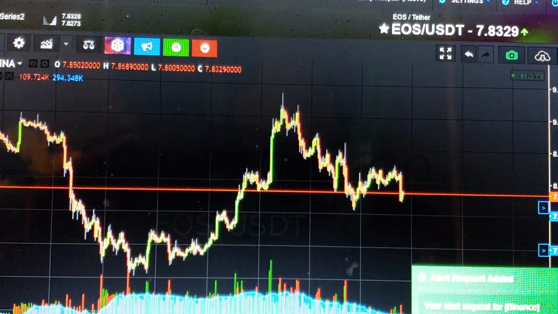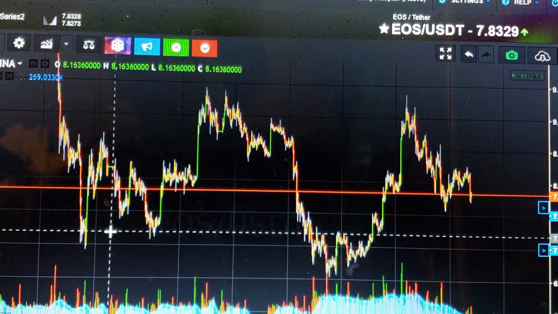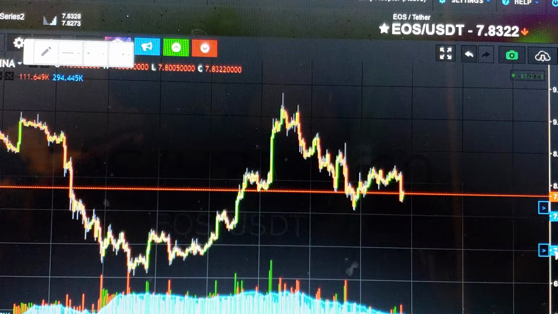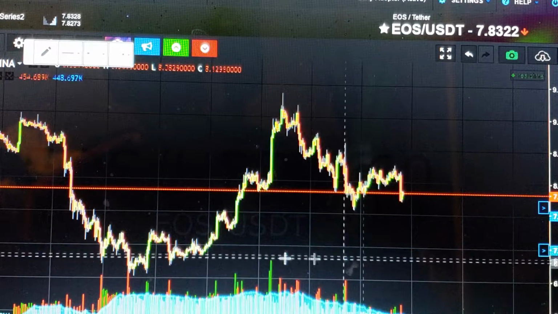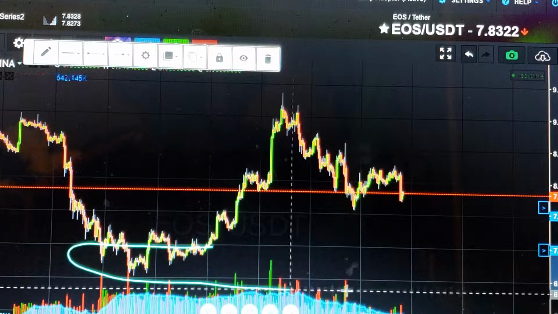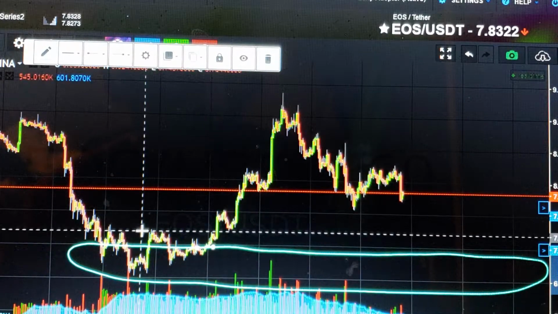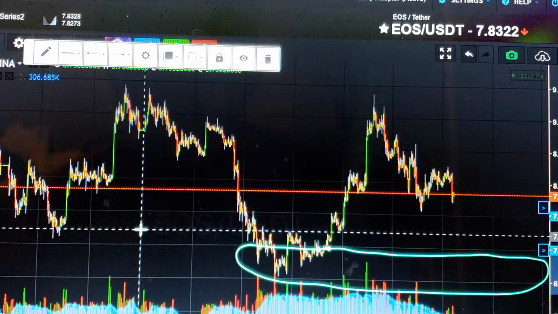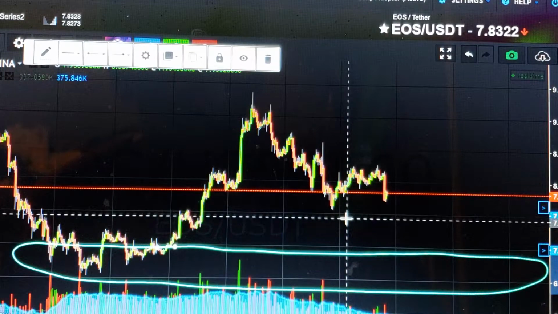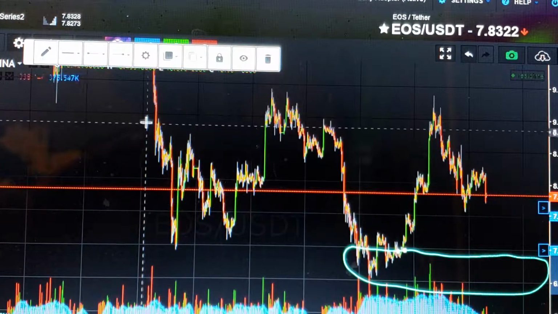So now we know from what the chart's telling us, that if it comes down and it breaks this $7 down here, this whole area down here, that's our bottom, right? Because that's what the chart's telling us.